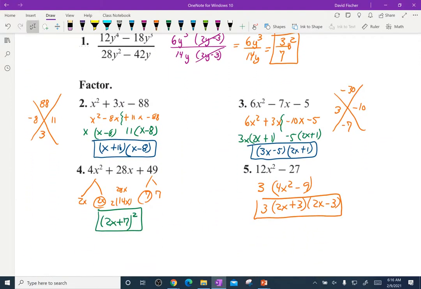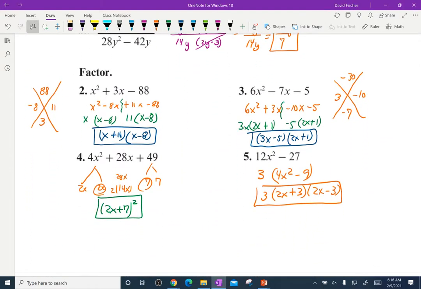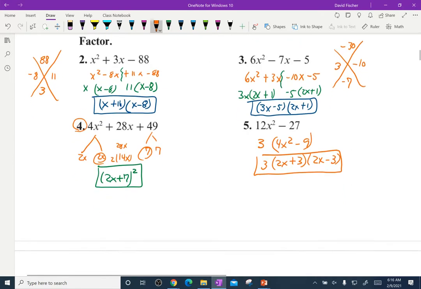I agree this takes a lot of work, but if you practice making that x, finding those common numbers, that speeds things up. Down here on number 4, did you use what we learned yesterday, a perfect square? Right before I even started factoring it, I said, hey, that's a perfect square. Now you might have factored out some numbers.